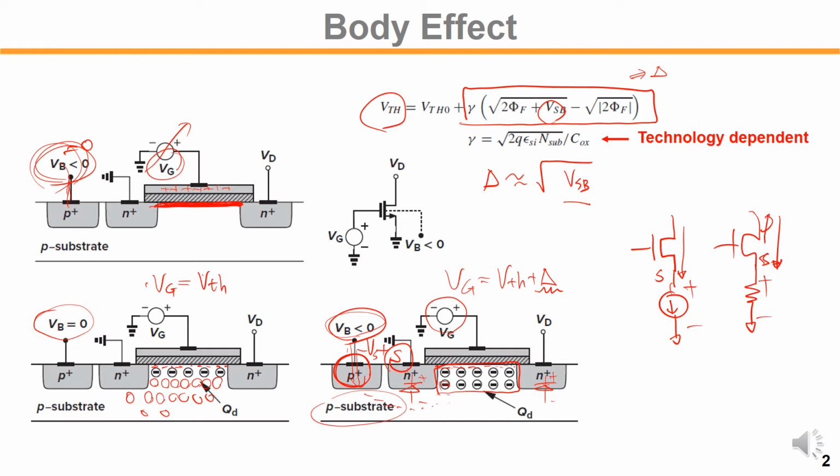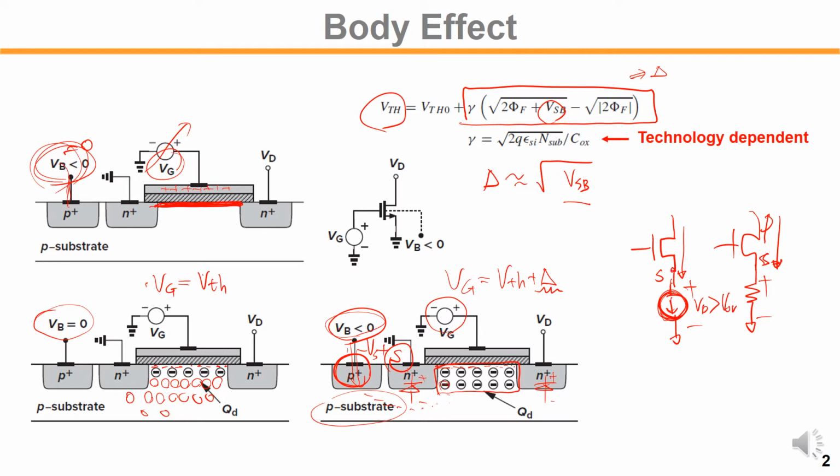And for this current source to work properly, we require its voltage to be greater than the overdrive voltage of this current source.